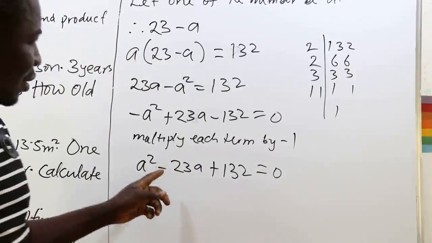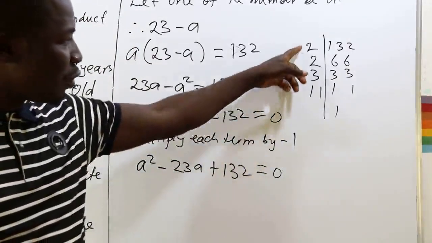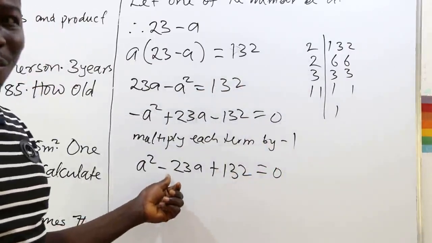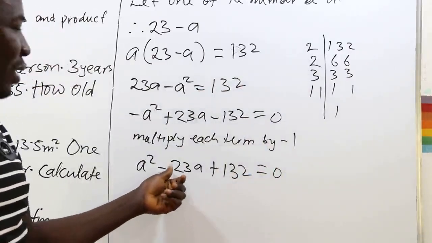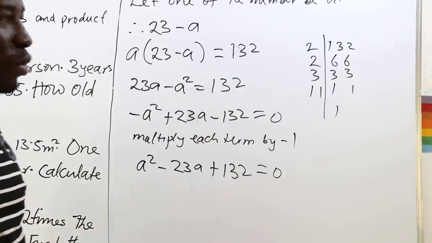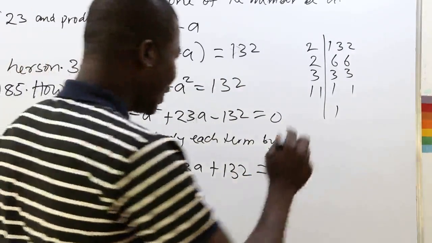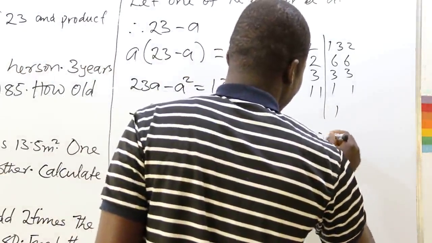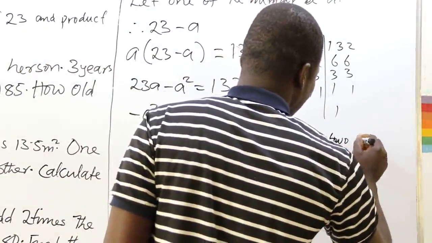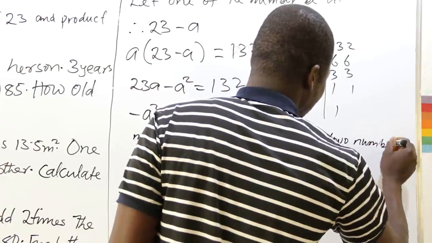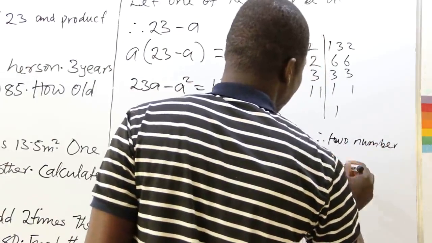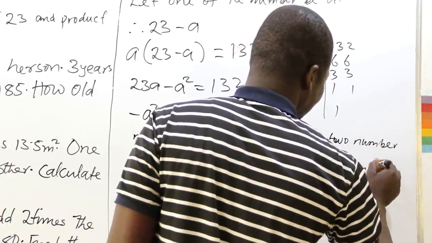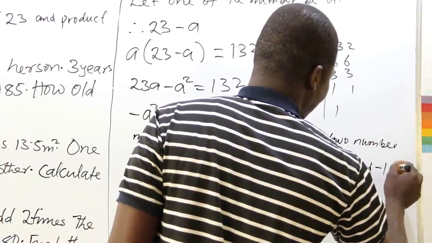Then the sum of 12 and 11 will give us 23, but the 23 we are having here is minus. So, with all indication, the two numbers are going to be minus 11 and minus 12.